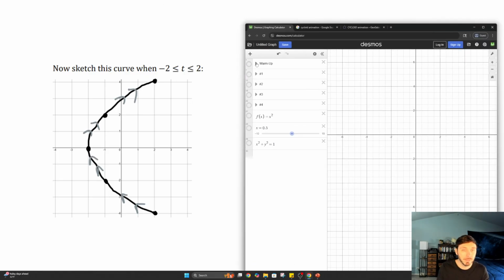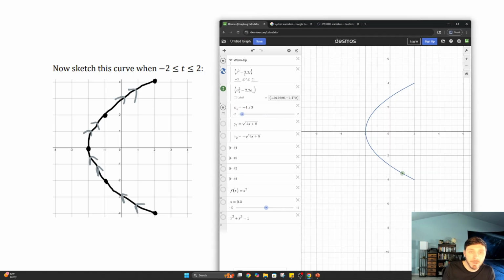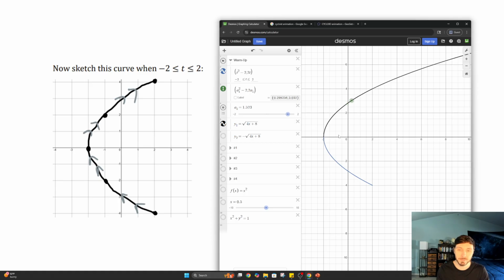So here we're playing around with this parametric equation, t squared minus 2 comma 2t. If I just have some point working its way through, -2 to 2 on this curve, you can see that this is the path that it takes, kind of moving up over time. So if I were to graph just this f of x, where the square root of 4x plus 8, it would just be this top curve.